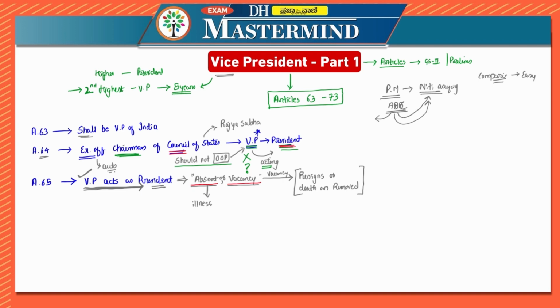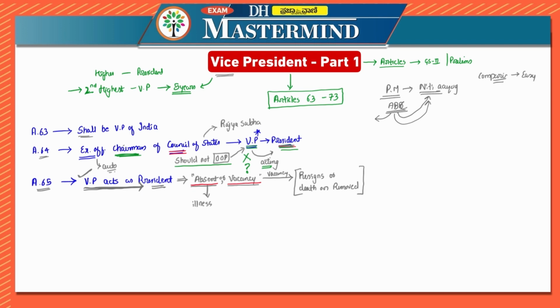And when they are acting as president, whatever salaries and allowances are given to the Council of States chairman are not given, because at that point of time they are acting as president and will be getting salaries, emoluments and remunerations which are meant for the president. Article 65 says that the vice president can act as president when the sitting president is absent or the office is vacant.